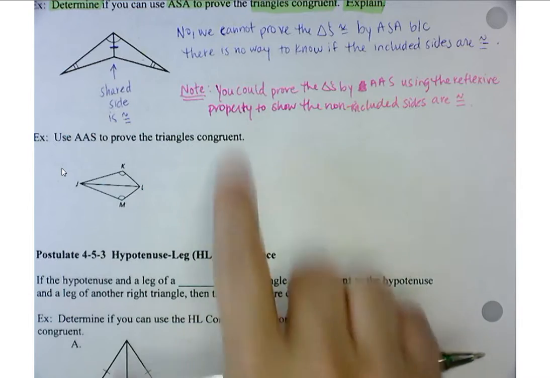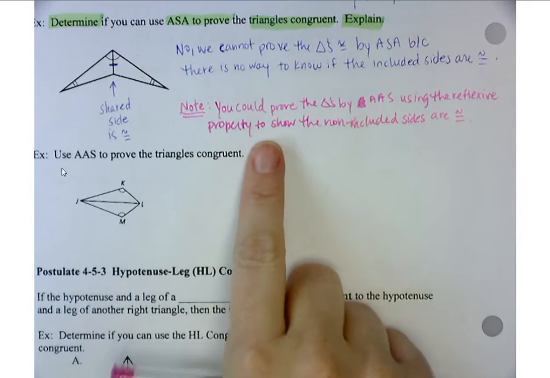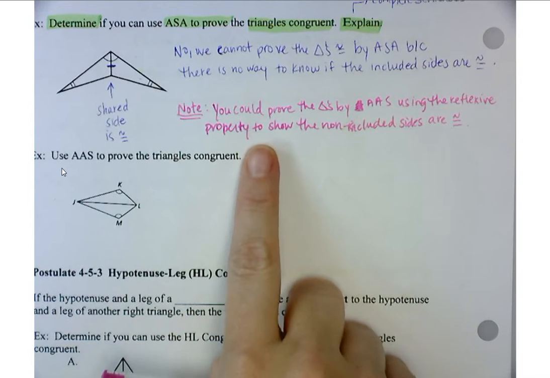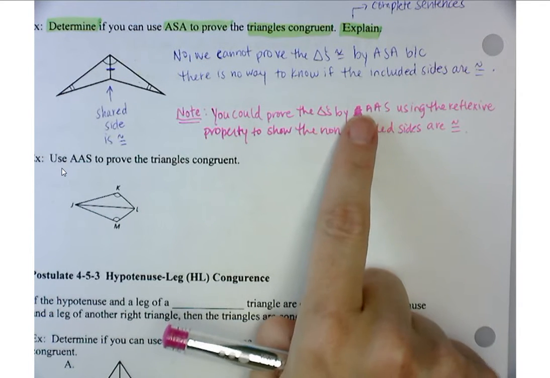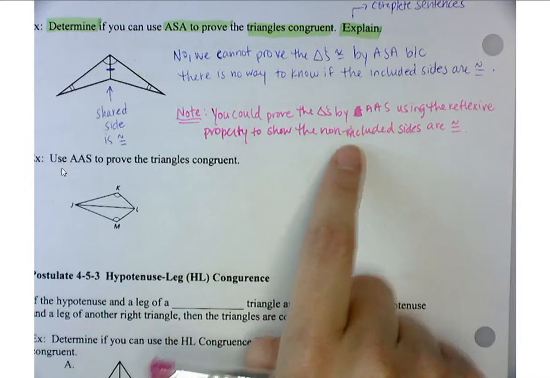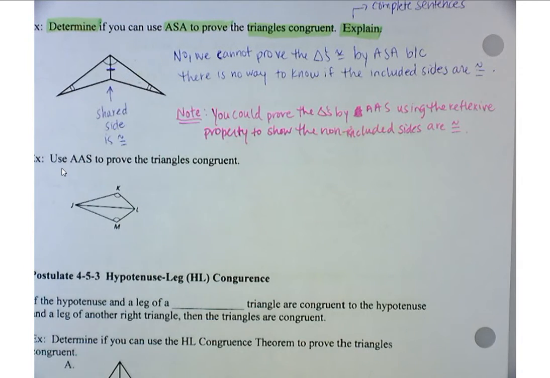Okay, so this one can be your example if you were going to say yes. You could prove the triangles are congruent by angle, angle, side. You would have to use the reflexive property to show that the non-included sides are congruent. And then you'd have your angle, angle, side.